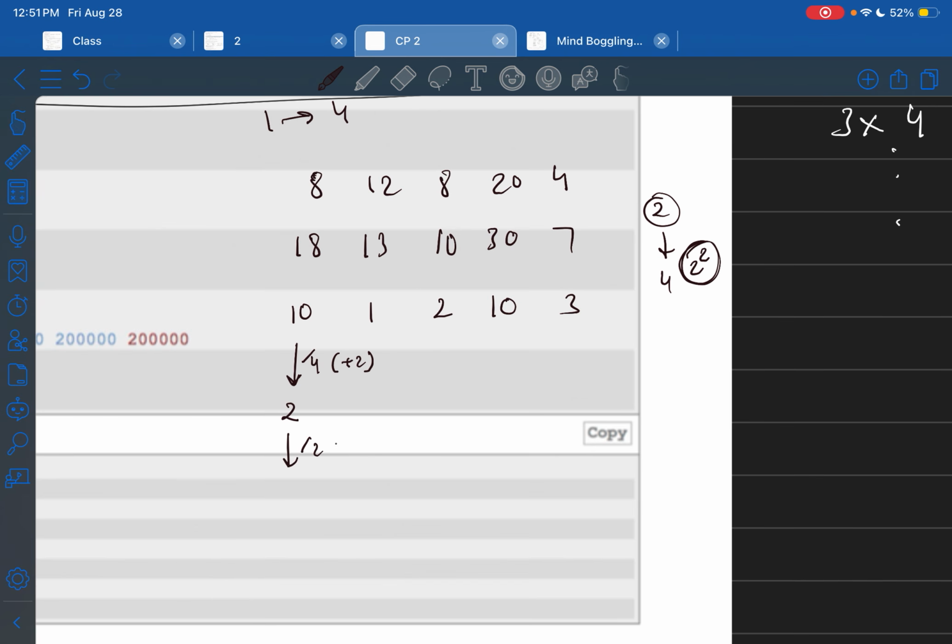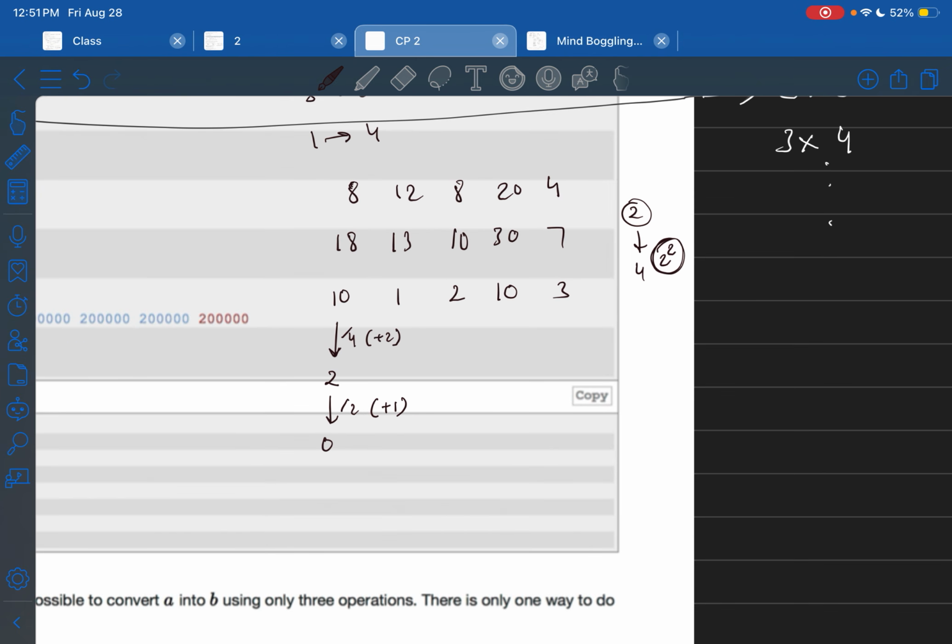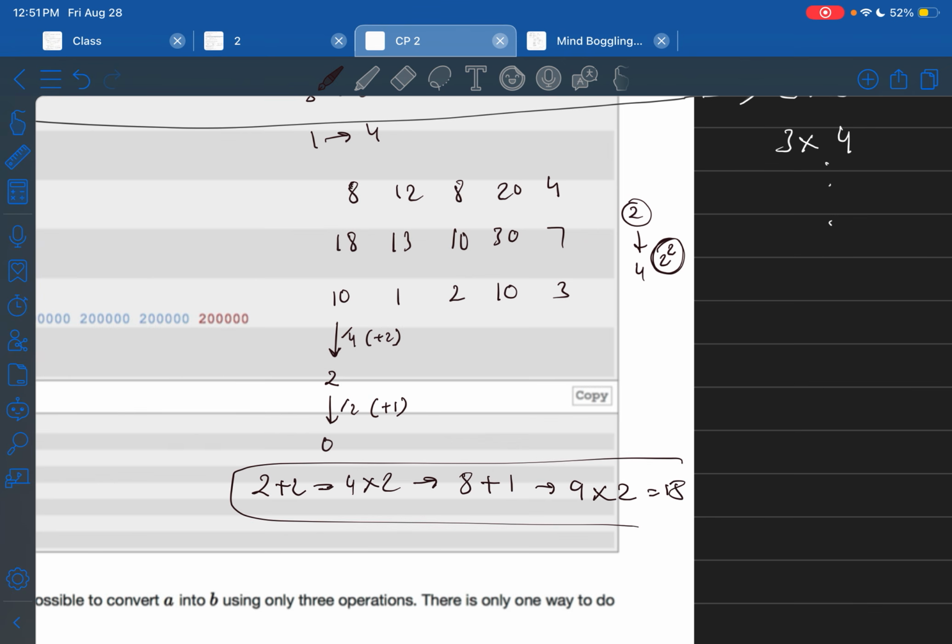Now you can divide by 2, add a 1, remainder becomes 0. In other words, suppose my number was 2. Before multiplying it 4 times, add a 2. Add twice. Now it becomes 4. Now you multiply it by 2, it becomes 8. Now you add another 1, it becomes 9. Now you multiply it by 2, it becomes 18. These are the minimum number of operations that you can perform.